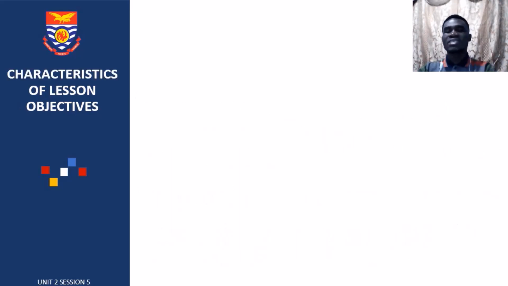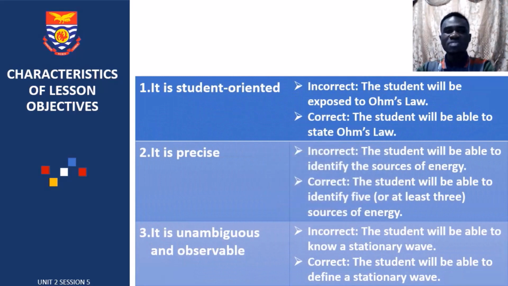Now, what are the characteristics of a lesson objective? So, for lesson objectives, it should be student-oriented. And when we say it is student-oriented, then we are saying that it should focus attention on the student and not the teacher. So, let us take this example. It will be incorrect to say that at the end of the lesson, the student will be exposed to Ohm's law.